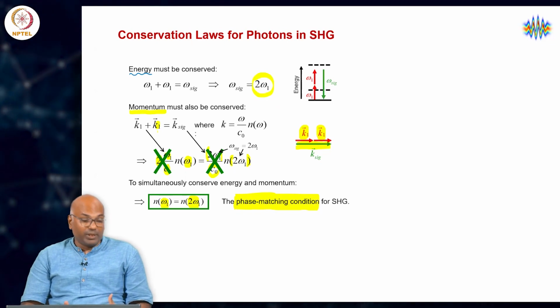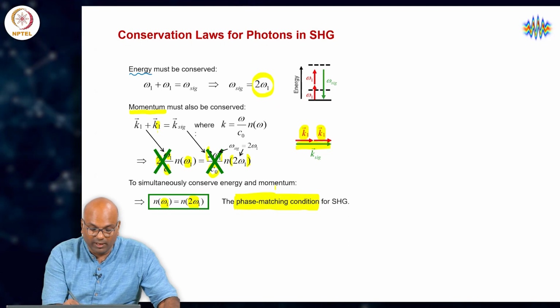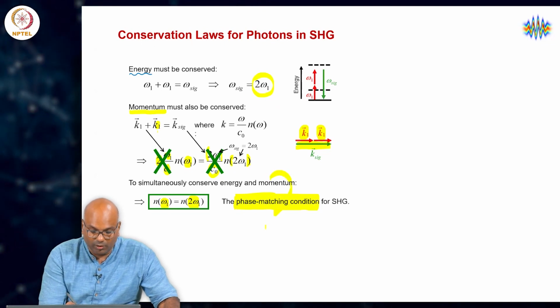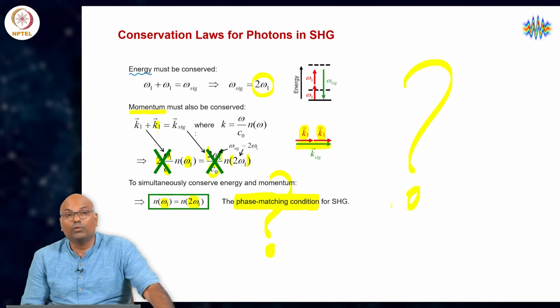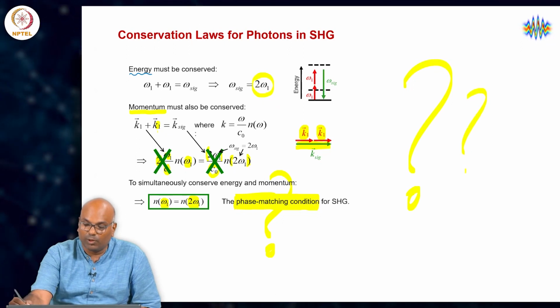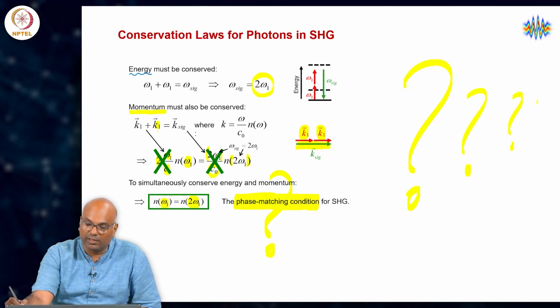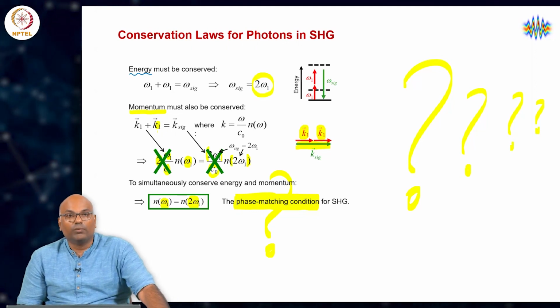So, does this happen? Can this happen? That is the question we are left with. Does phase matching or momentum conservation take place? This is the big question. Will we ever have this process happening, or were we considering just some theoretical possibility? So, we want to look at that.